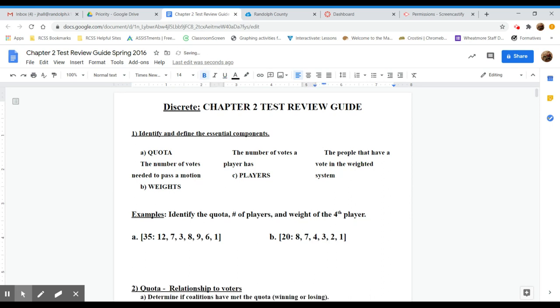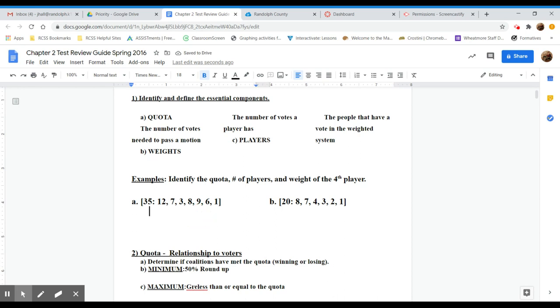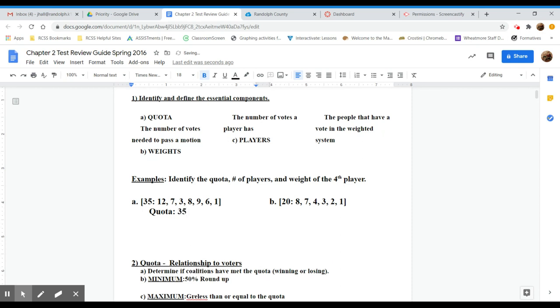All right. Let's go down here to a couple examples, and for each one, we're going to identify the quota, the number of players, and the weight. So the quota for part A is 35. It's always the number in front of the colon. The number of players, if you count out, you got 1, 2, 3, 4, 5, 6, 7 players here.